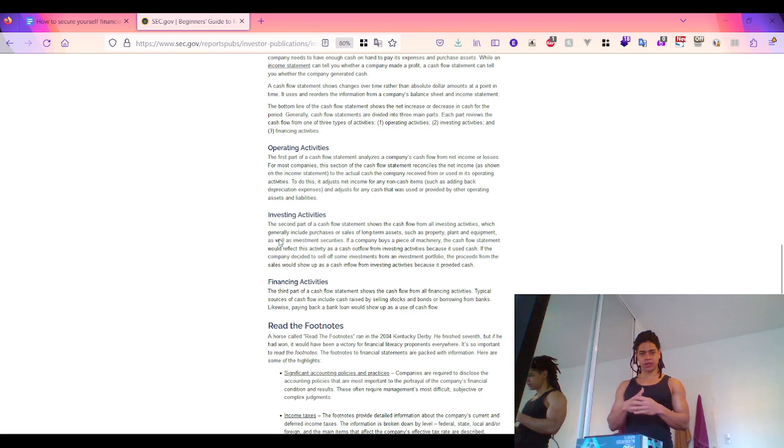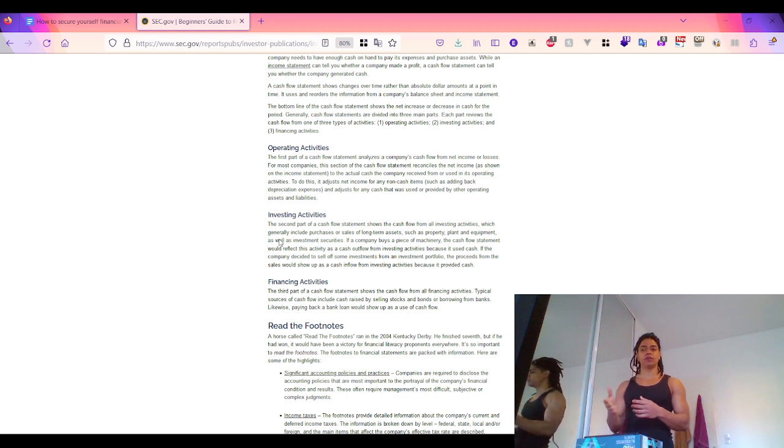Before going to the second part, the way it does this is by looking at the net income from the income statement and reconciling it with the non-cash items, or items that affect the income statement without any cash involved, such as stock-based compensation, something that I'm going to talk about later in this video, and amortization or depreciation.